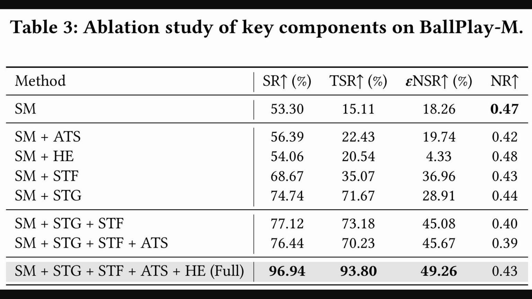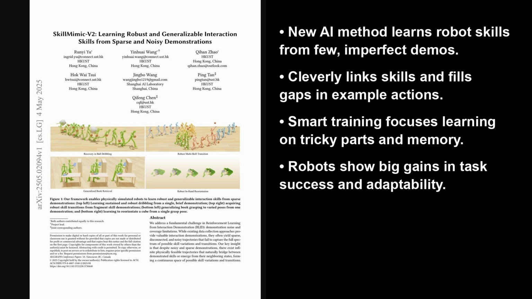We can see the baseline SM has a success rate around 53%, but as they add in the stitched trajectory graph, the state transition field, adaptive trajectory sampling, and the history encoder, the success rate and transition success rate jump dramatically, with the full system achieving nearly 97 and 94% respectively. This demonstrates each element is vital. So as that ablation study clearly showed, each component is vital.